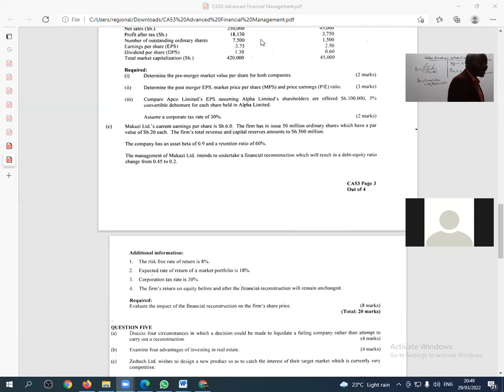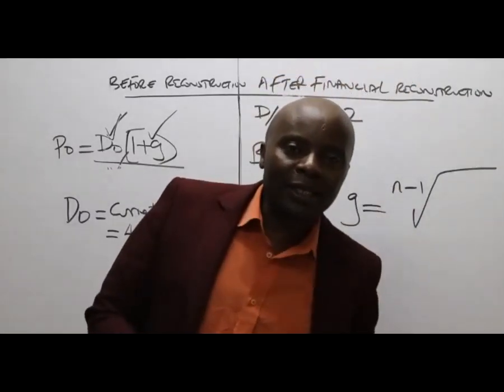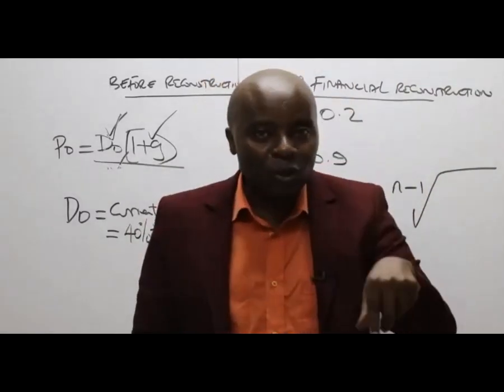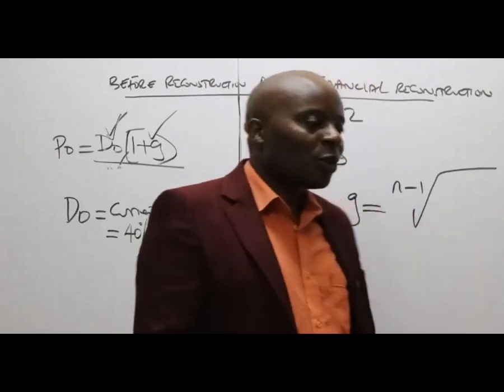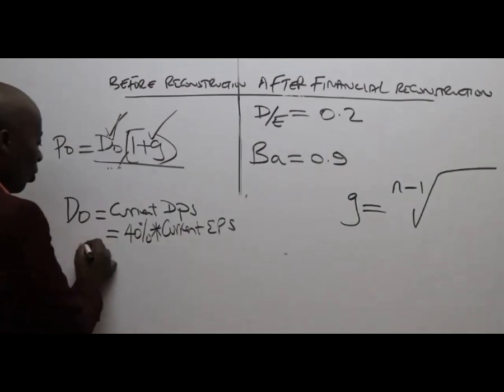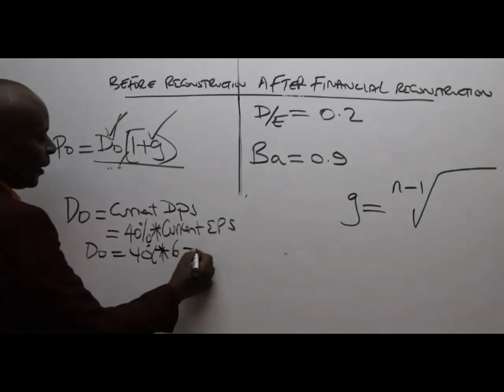Out of this current EPS of 6, some of this amount will be retained back in the company for purpose of funding future growth. That's why we're getting G using the BR. And 40% will be paid out. So the payout ratio is 40%, and my D0 will be 40% multiplied by the current EPS, which is 6.